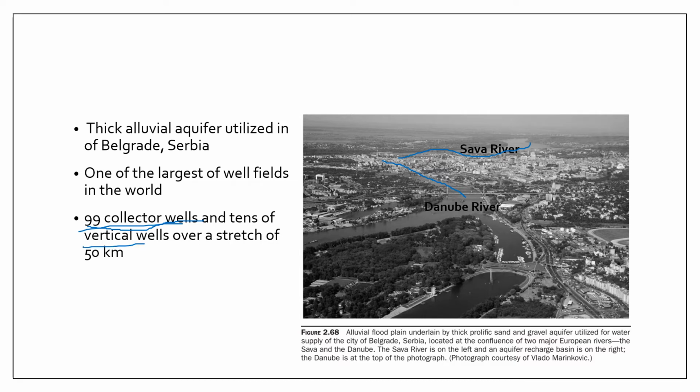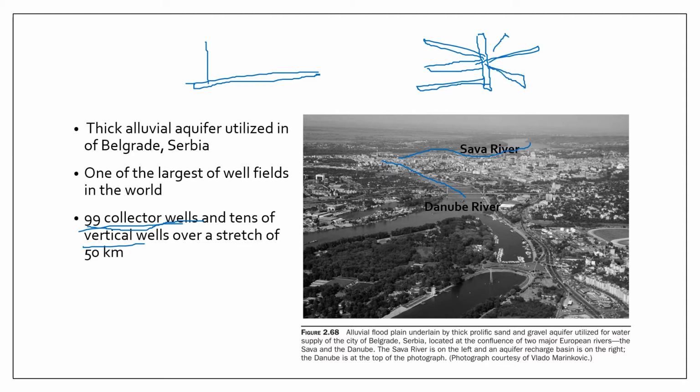So this would look like a network, right? So you have vertical wells, and you may have your collector wells that are branching out from your vertical wells.